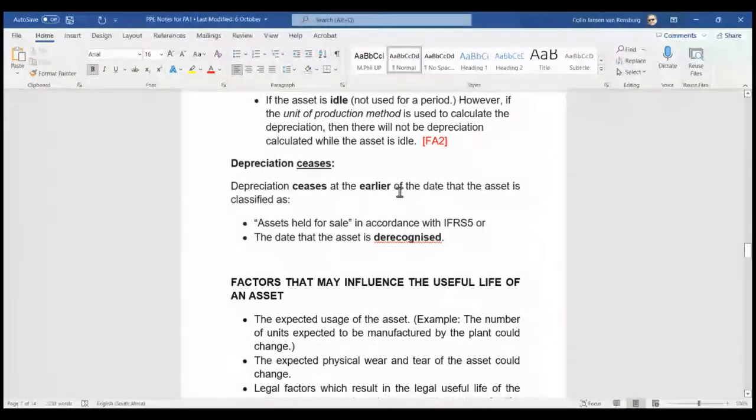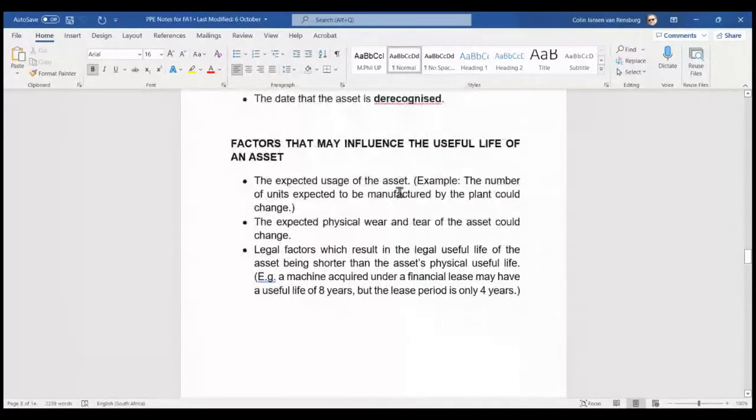Right, then we just mentioned there a few factors that may influence the expected useful life. Remember, we said last week it might not be the full potential lifetime of that asset. You might want to sell it before it becomes useless, so that you actually can sell it to another user who can use it further for a few years.